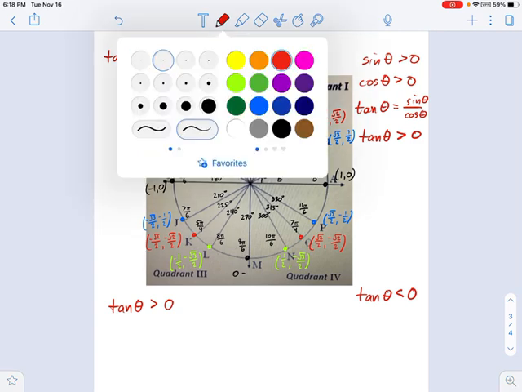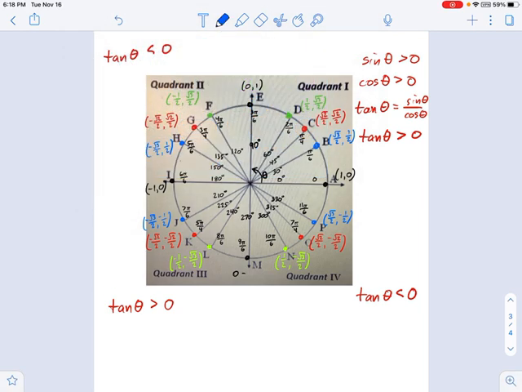Let's do another example with secant. Secant of theta is 1 over cosine. Now, think about this. If cosine is positive, 1 divided by that is going to be positive. You can't do 1 divided by a positive number and get a negative number, right? So my secant values in quadrant 1 are going to be positive.